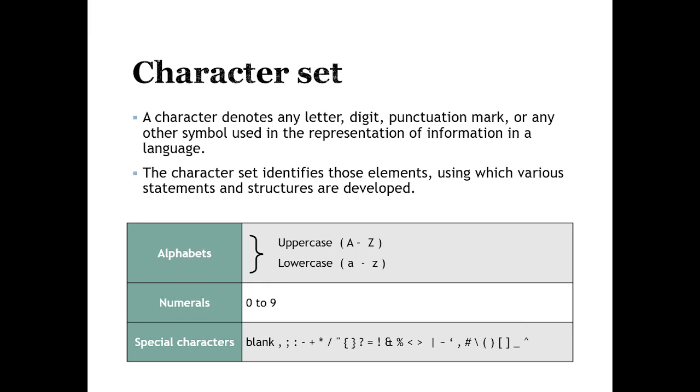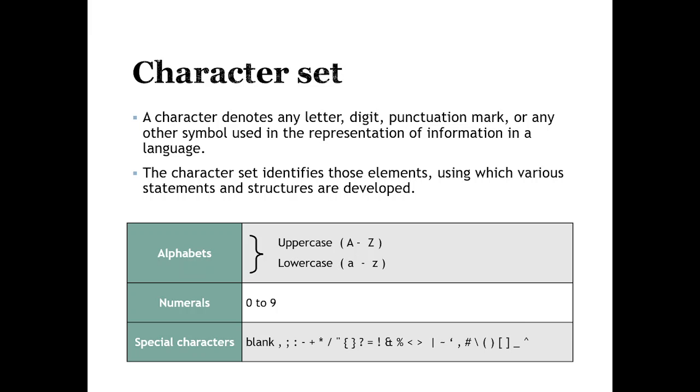Similarly, in C, we combine a few characters to build the programming language. Character sets identify those elements using which various statements and structures of a C program can be developed.